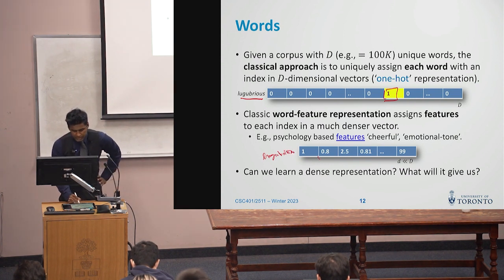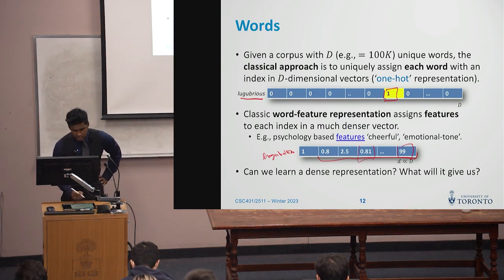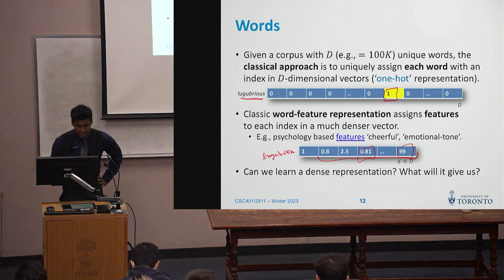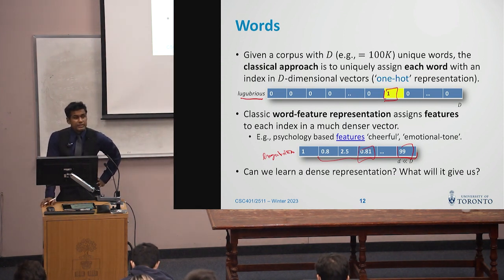For example, we can assign psychology-based features like cheerfulness, emotional tone, or age of acquisition. So this column denotes cheerful, this column denotes emotional tone, and so on, and you have seen this in assignment 1. Now the question is, how do we learn such dense representations? You have been using these features in assignment 1 to assign to words, but where did those feature values come from? How did we learn them?